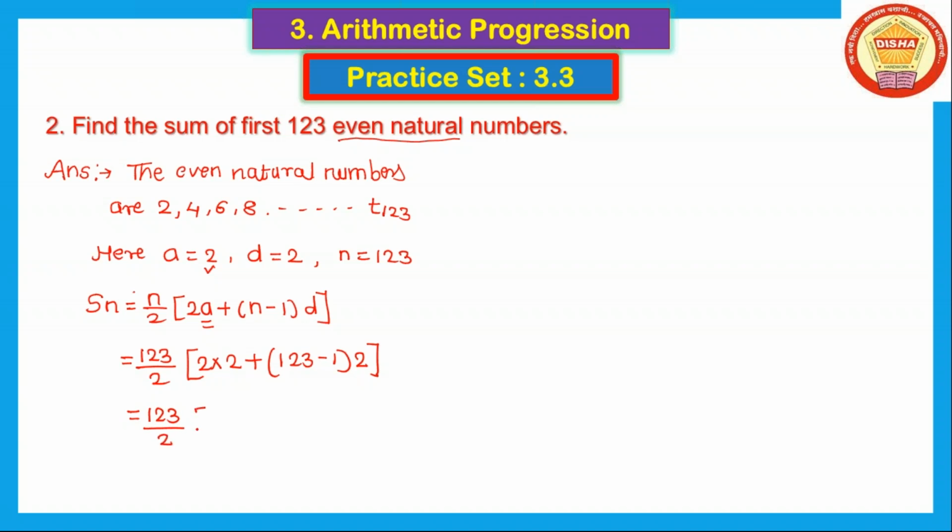In the bracket we solve this one: 2 twos are 4 plus 122 into 2. Then we simplify the given bracket again. Means we write here 123 upon 2 in bracket 4 plus the multiplication of 122 into 2, which is 244. Then we do the addition of these both numbers.